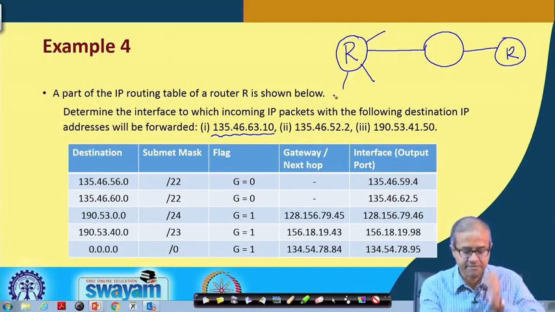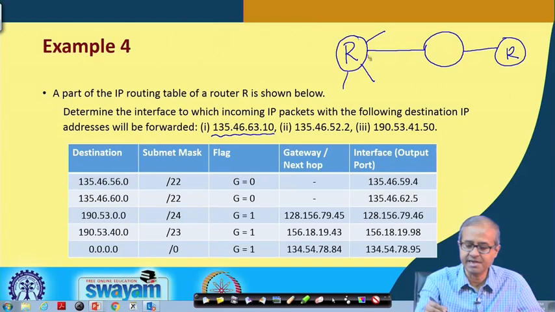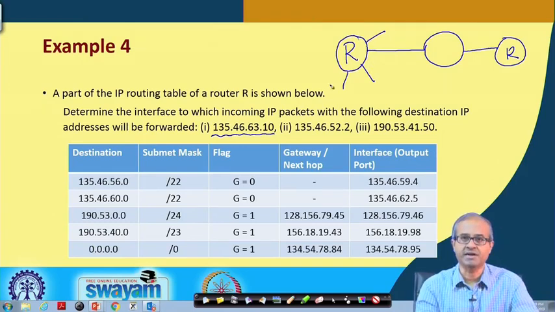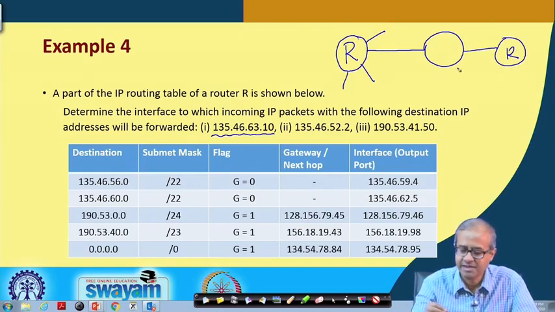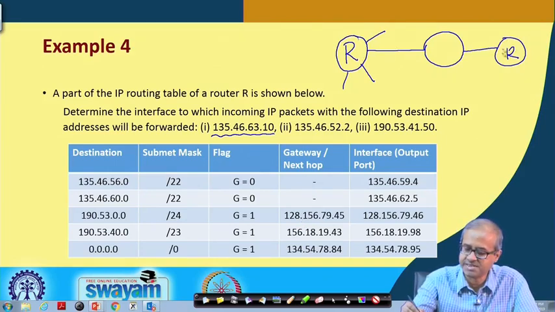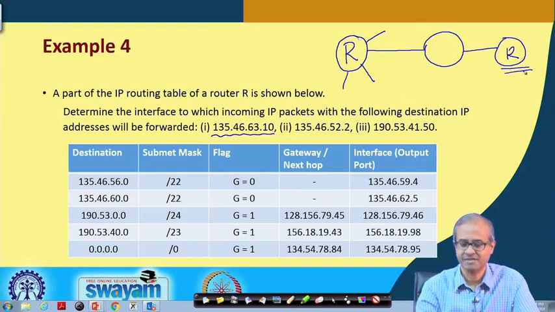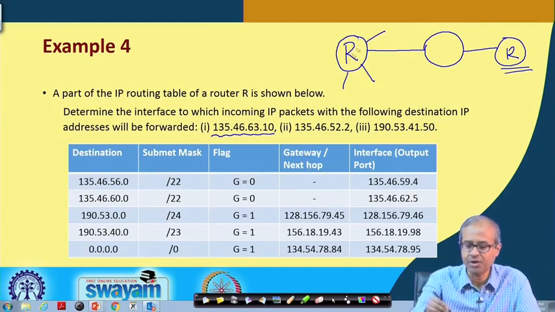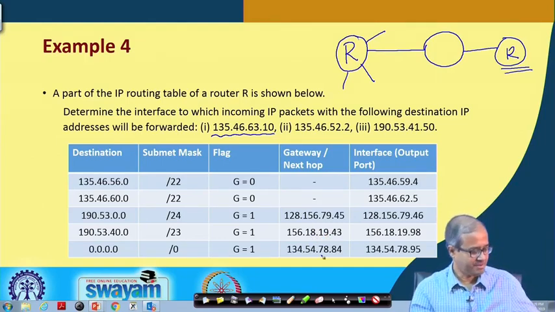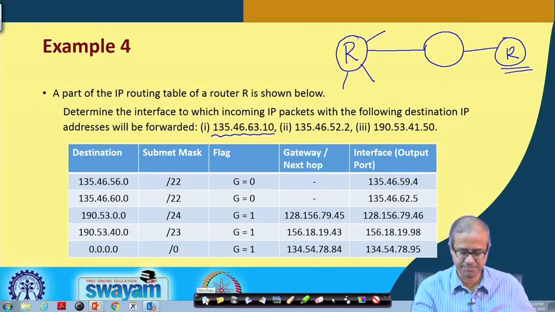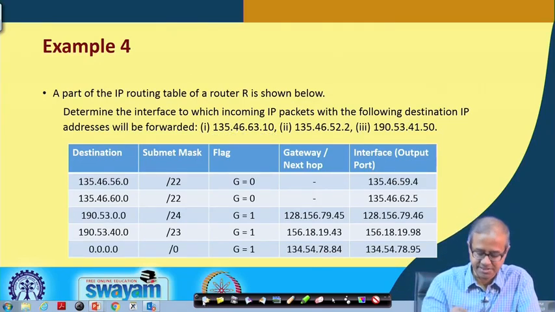Now, if the destination is directly connected, you send it over the outgoing link, but if not, you will specify that this packet has to be sent to some other router, that is the address of the gateway or the next hop. So, you can specify the next hop address also here as an optional choice. So, let us see.